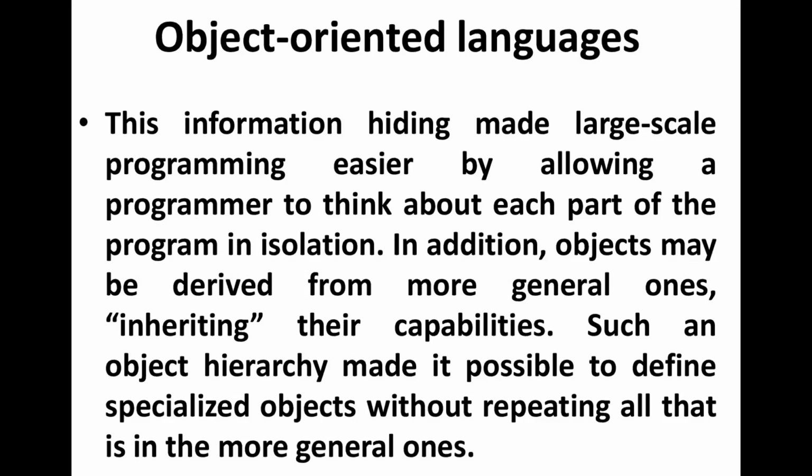This information hiding made large-scale programming easier by allowing a programmer to think about each part of the program in isolation. In addition, objects may be derived from more general ones, inheriting their capabilities. Such an object hierarchy made it possible to define specialized objects without repeating all that is in the more general ones.